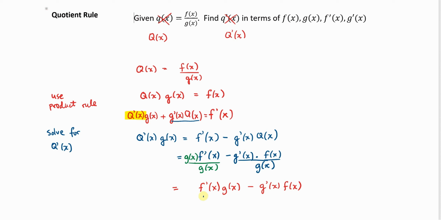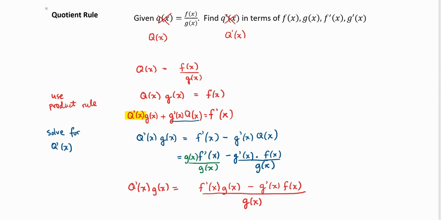That numerator, because it's like a slightly different version of the product rule. You have a minus sign here instead of a plus sign, all right? And it should look kind of like the product rule because we used the product rule to get to this point, okay? And then we're dividing this by g. Now on the left side, I have q prime times g.